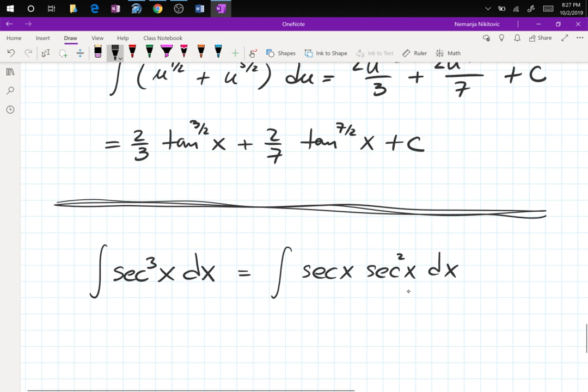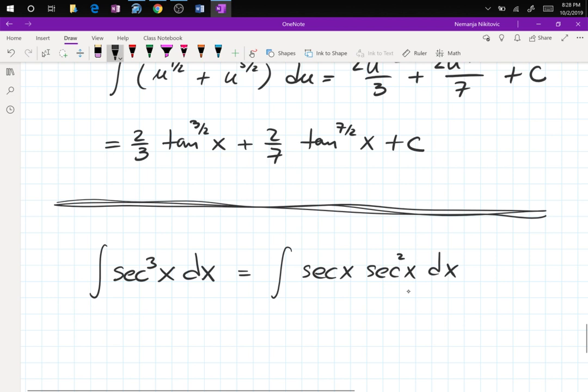The other option, which obviously doesn't work, is to use u sub tangent. U is tangent because du would be secant squared, but I don't have a tangent, so that is immediately wrong. So neither of the 2 options that we are used to works. And this is what makes this problem evil.